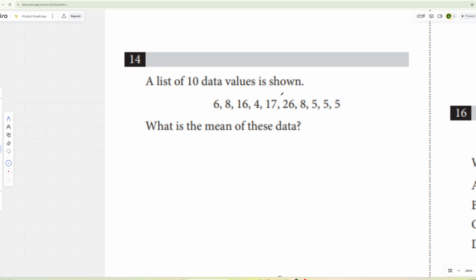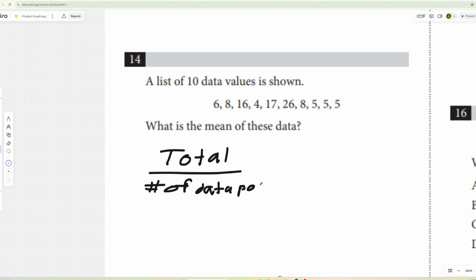A list of 10 data values is shown. What is the mean of these data? Again, we have our calculators, the whole test. So how do you find mean? Mean is just total over number of data points.